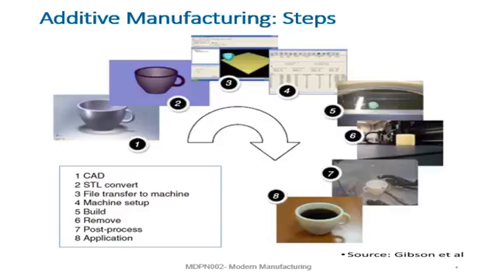And then we set up the machine. After that, we start building the product in a layer by layer fashion, and after it is finished, we can remove it and do some little finishing, like painting or removing certain supports, and then you get your final product.